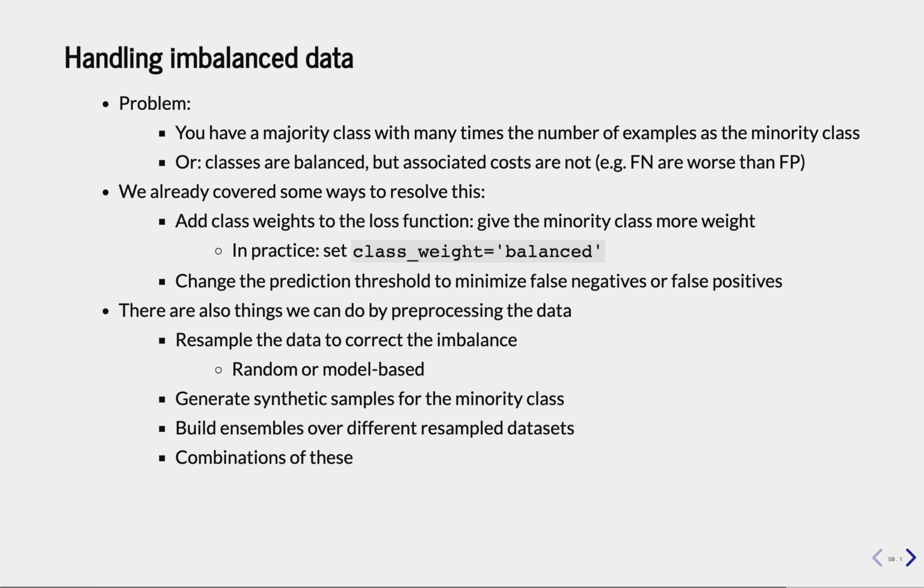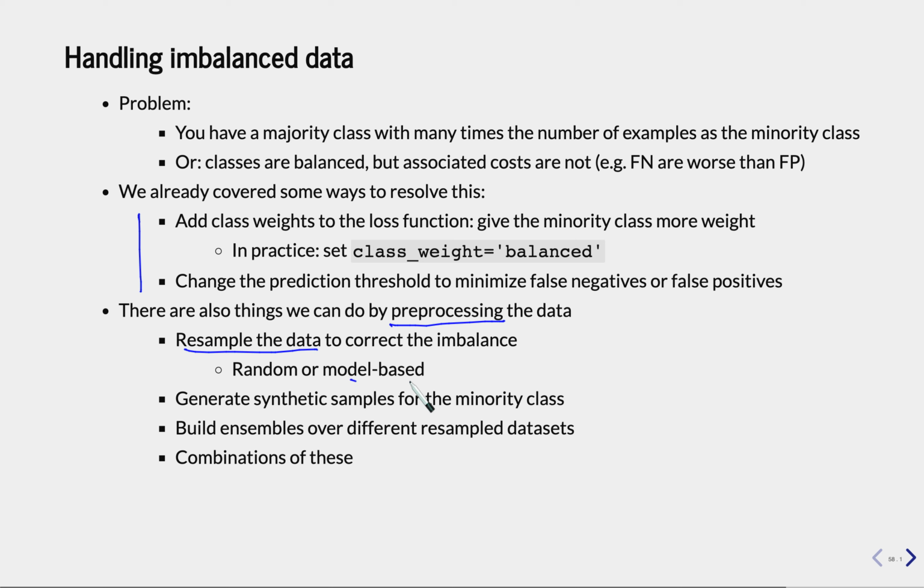Now, these techniques are widely used, and definitely these are perfectly good techniques when you have imbalanced data. In this video, we'll focus on a few things we can do in the pre-processing phase to balance the data beforehand. The first thing we can do is resample the data to correct the imbalance. For instance, we can undersample the majority class, or we can oversample the minority class.